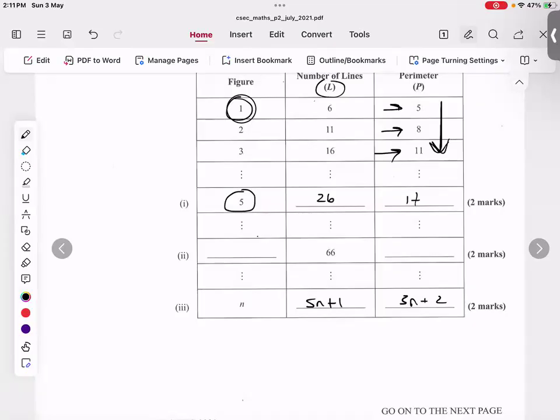Now, reversing it is just the opposite. Remember now, Jabari, if to get the 66 we multiply by 5 and add 1, what's the opposite of multiplying by 5 and adding 1? Divide and take away. You're right, but you said it in the wrong order. You said divide and then take away. Other way. So take away, then divide. Correct.